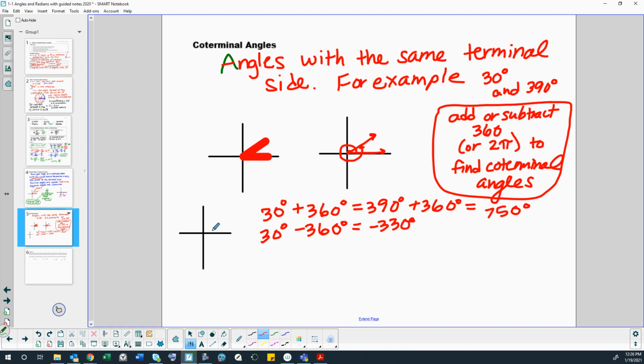So doing negative 330 would mean that we're going clear around 330 degrees to that 30-degree angle. So it's still the same angle, it's just getting to it a different direction. Not that that really matters for the end result, but it's just something to be aware of, that we have infinitely many angles that land in that same place because we can add and subtract 360 infinitely many times.